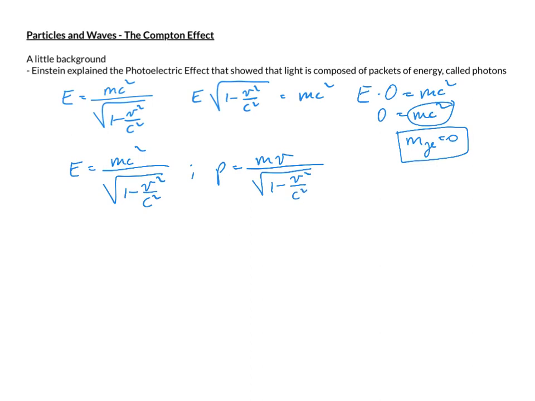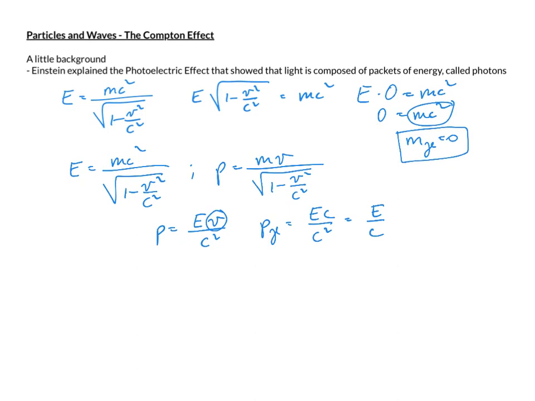So from these two expressions, we can conclude that the momentum of a particle can be written as Ev over c squared. In the case of the photon, again, v is the speed of light c, so the momentum of a photon is Ec over c squared, which means that it's just E over c.